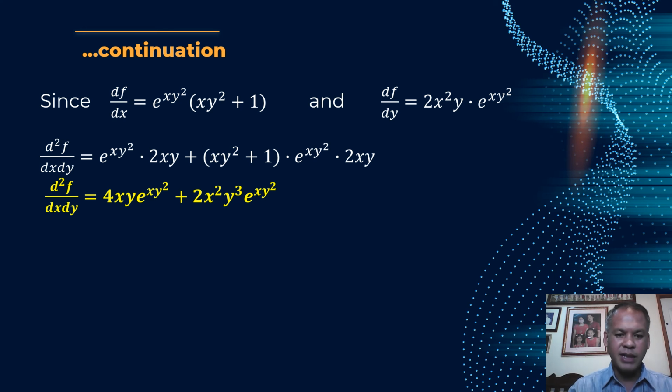And simplifying this, we come up with 4xy times e raised to xy squared plus 2x squared y cubed times e raised to xy squared.